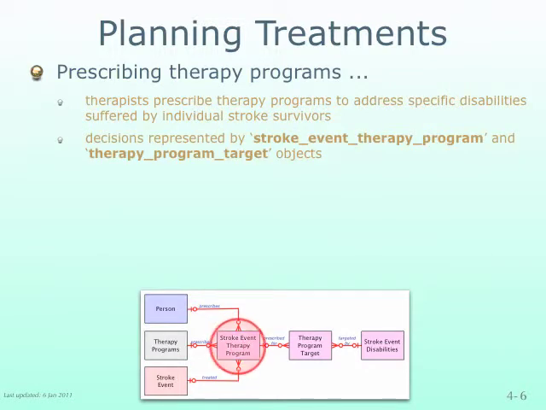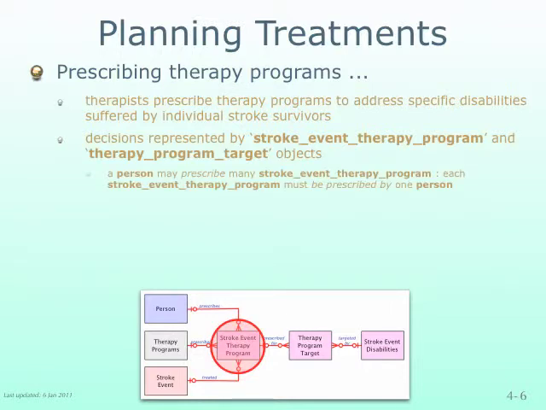And facts about what therapies are prescribed by whom, for whom, and why can be expressed using stroke event therapy program and therapy program target objects, as illustrated in the following relationships.